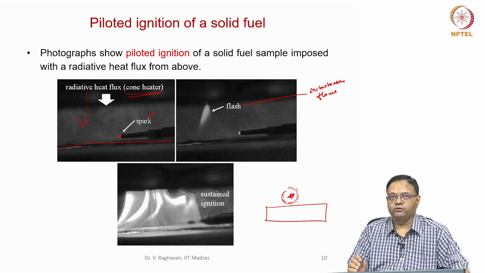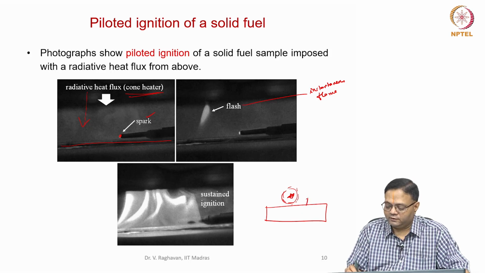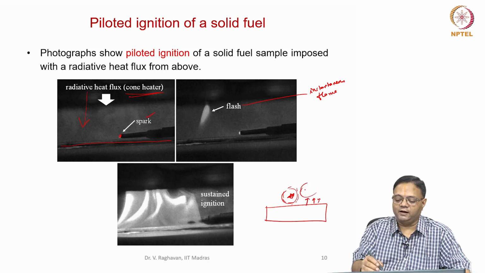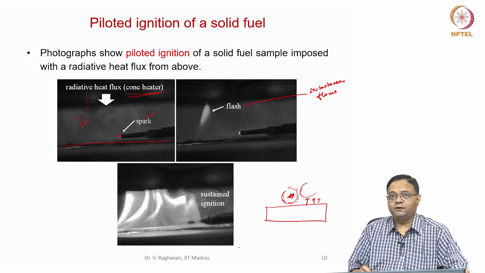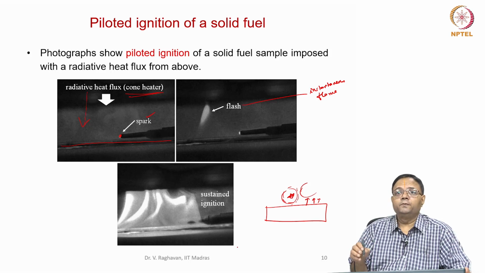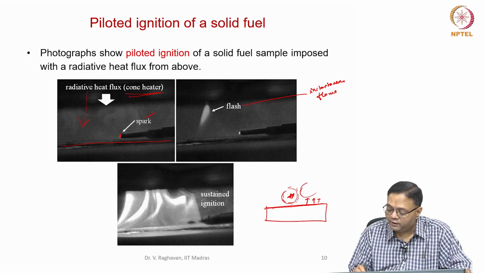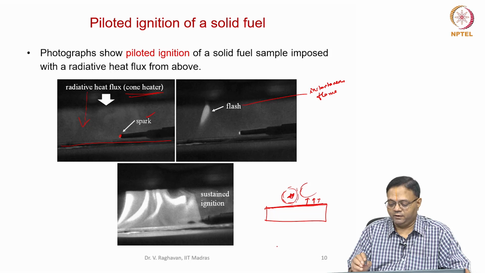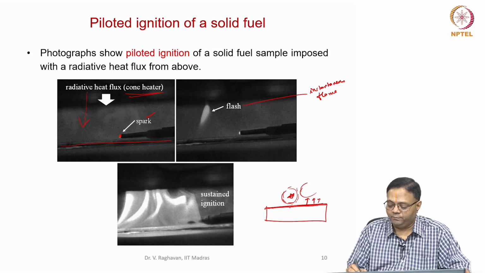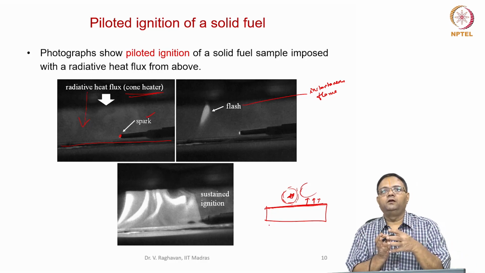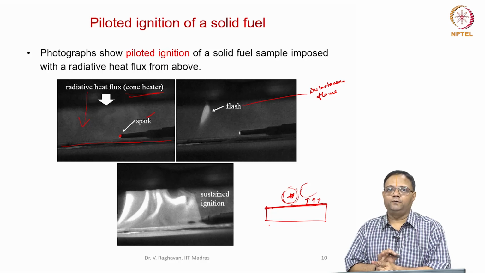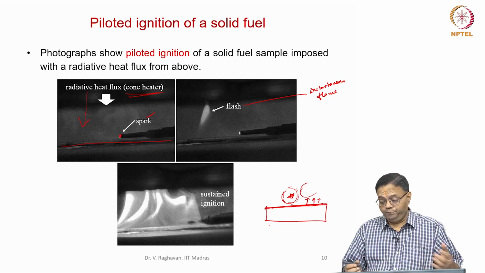Now we have to wait for some more time for a set of gases again to come out and form another mixture, which is ignited again, and then another flash will be produced. But in this period, the surface is also getting heated up to higher and higher temperatures. There is a minimum temperature at which some gases are coming out, and a flash is produced because of a flammable mixture formed over the surface and ignited by the spark.